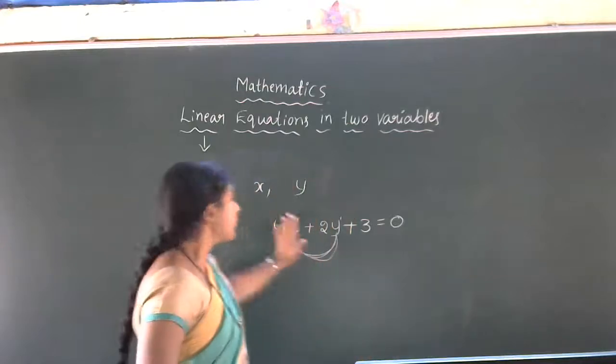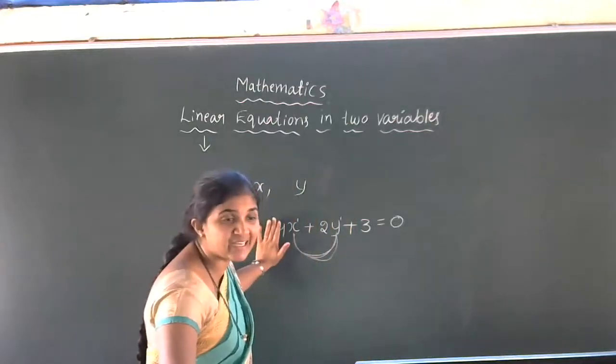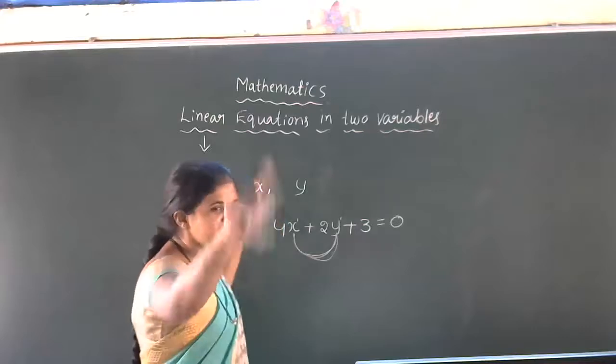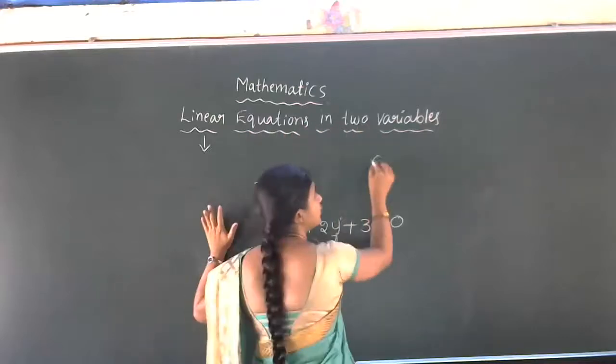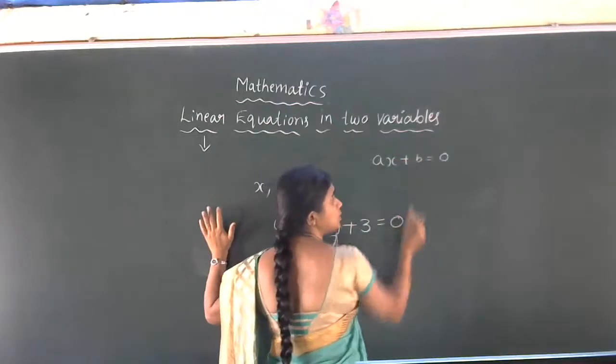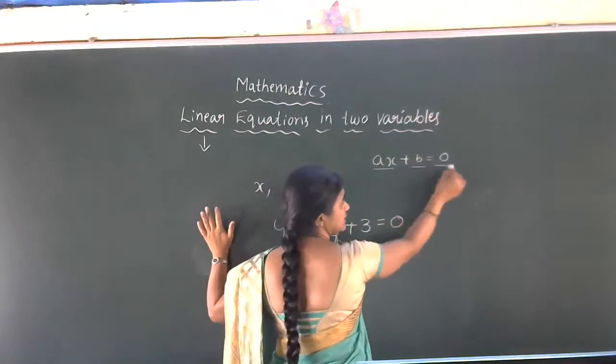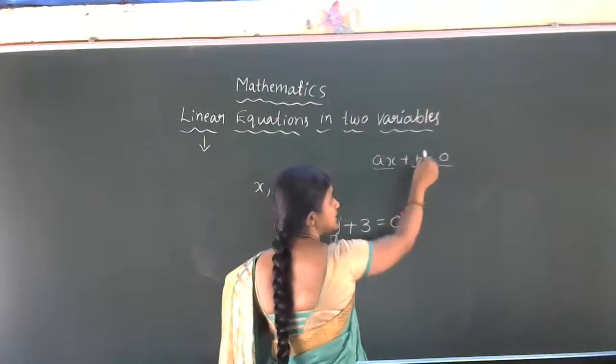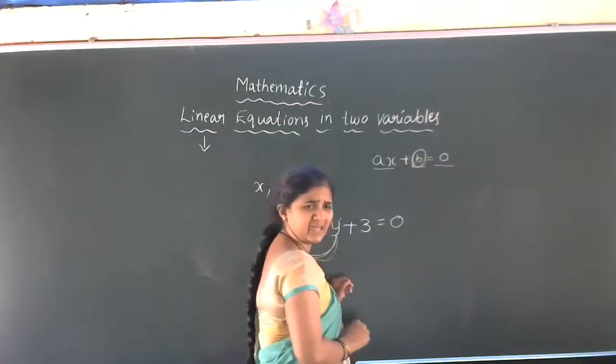So now, what is the standard form of the linear equation in two variables? Just recall the standard form of linear equation in one variable actually: ax + b = 0. So here b stands for just one constant number, a real number. Okay.